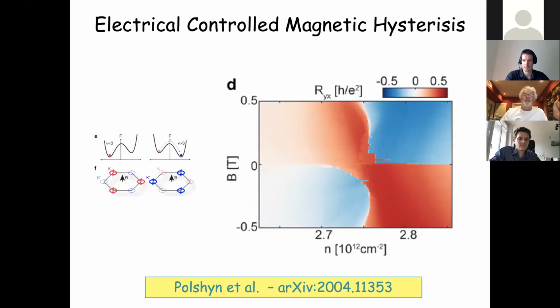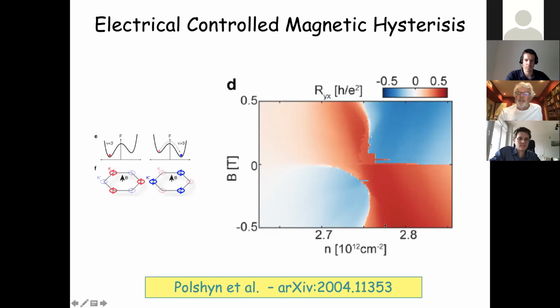I'm showing you now a very interesting recent preprint from Polshyn et al., the group of Andrea Young at UCSB, which is measuring the anomalous Hall effect in a quantum anomalous magic angle twisted bilayer graphene system. Here it's shown as a function of density, but this is just a gate voltage.